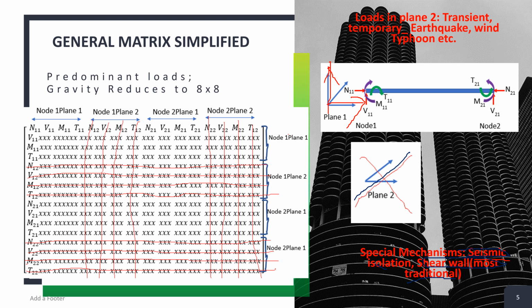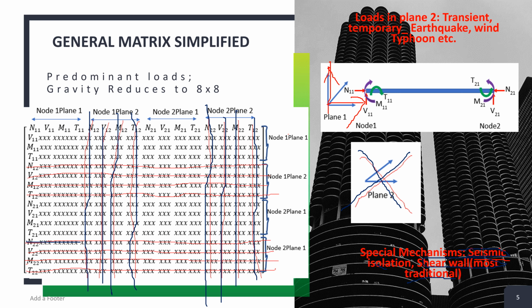So in most cases, we assume the loadings in plane 2 do not exist, and so this is why we cancel out all the plane 2 loadings. As you can see, the plane 2 loadings are all cancelled out in both horizontal and vertical.